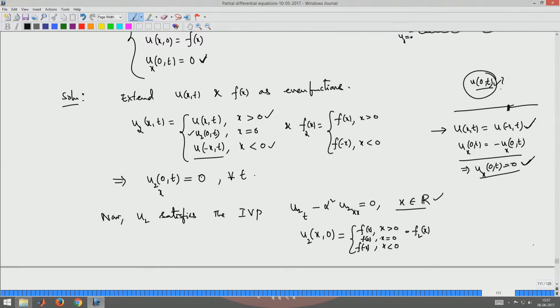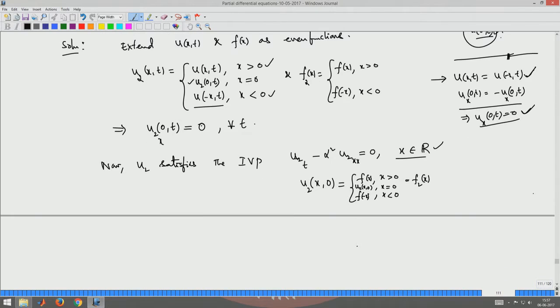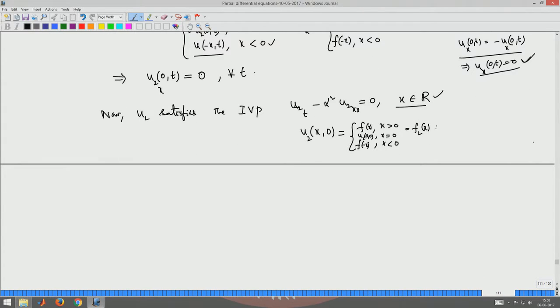It is some arbitrary number, so this is exactly my f2.